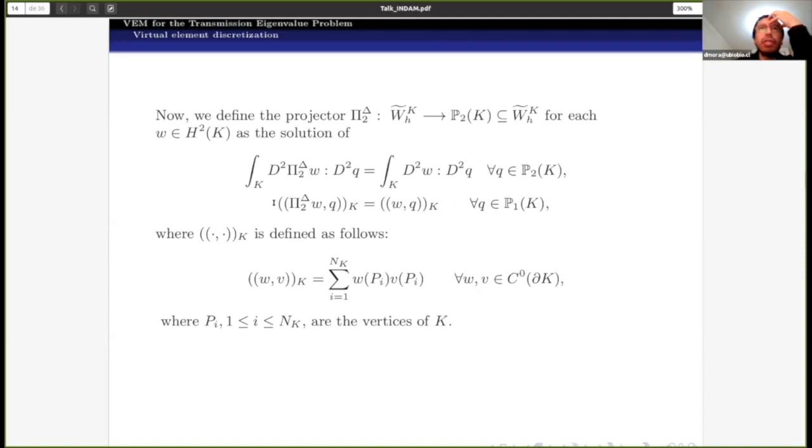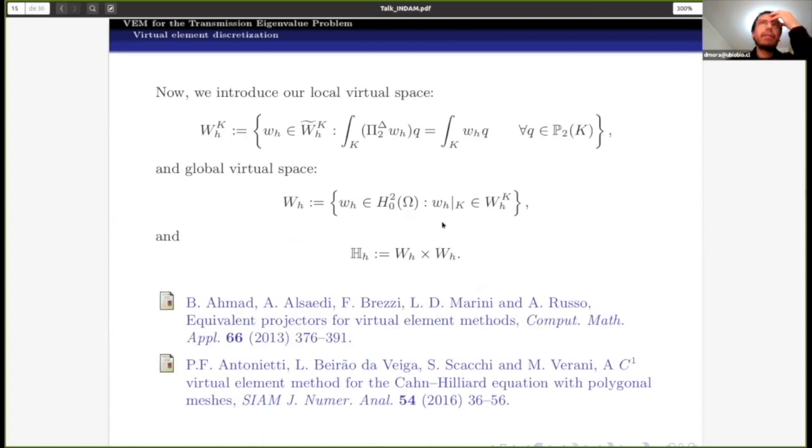So the second condition here is to fix an element in the kernel of this operator. After that, we construct the local space with the enhancement technique in order to compute the L2 projection, and we glue all together to construct the global space.